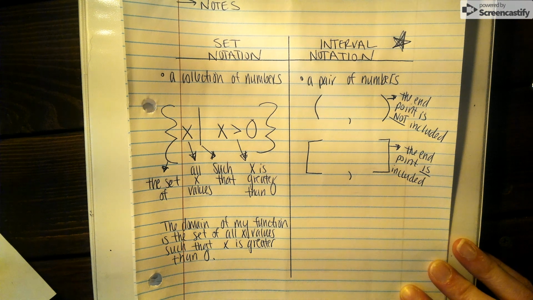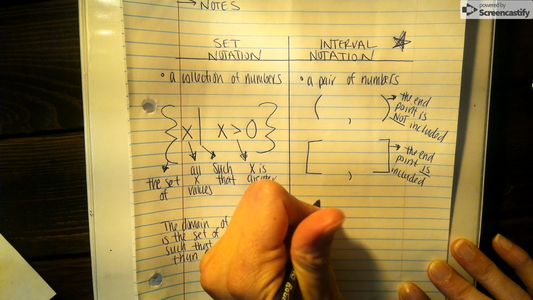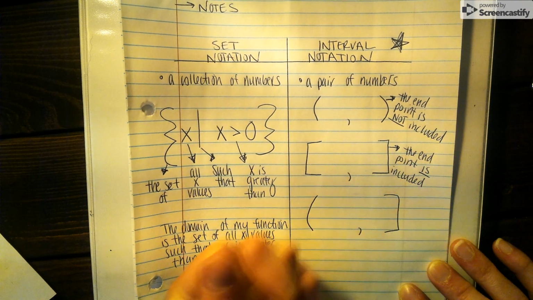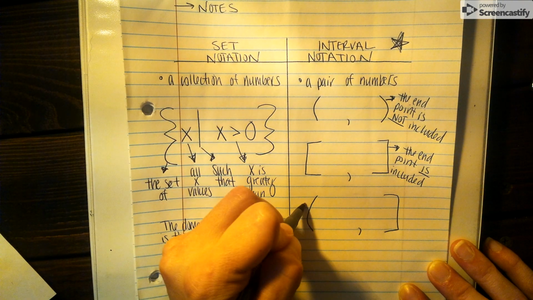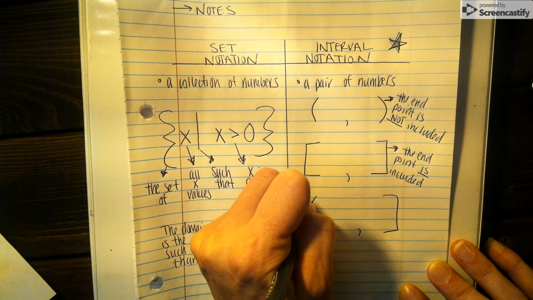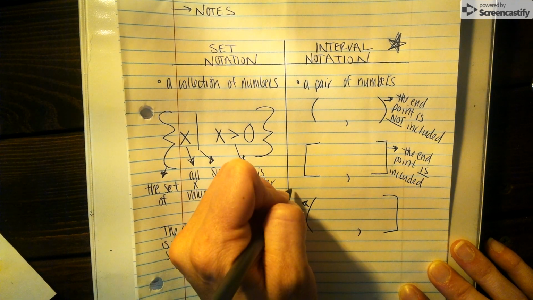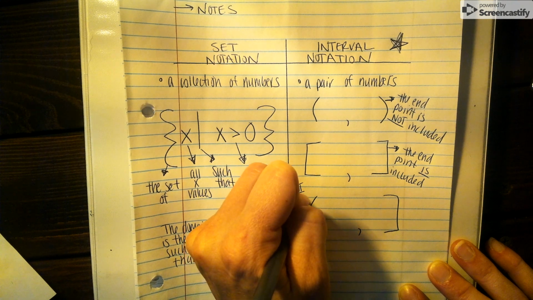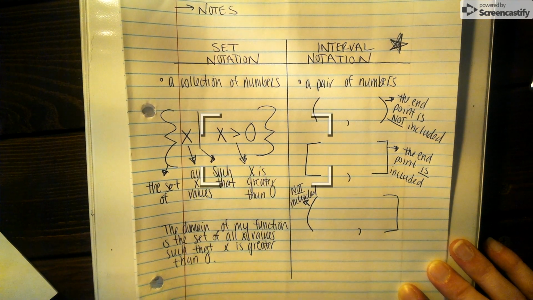Next, I can use a combination of parentheses and brackets. So let's say I have a parenthesis on the left and a bracket on the right. The parenthesis on the left means this number that's going to be here eventually, or this endpoint, is not included in the domain or range.